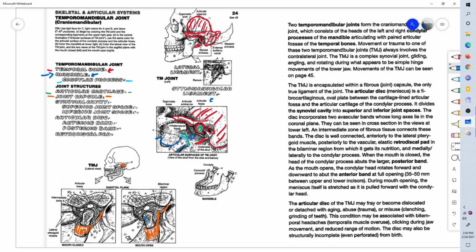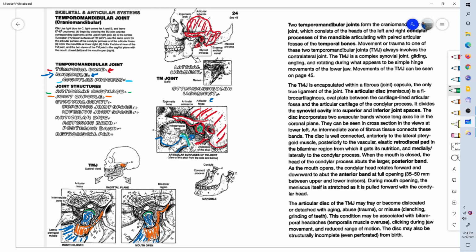The condylar process of the mandible here, surrounded by the articular capsule. And the slippery articular cartilage here on top of the condyle.